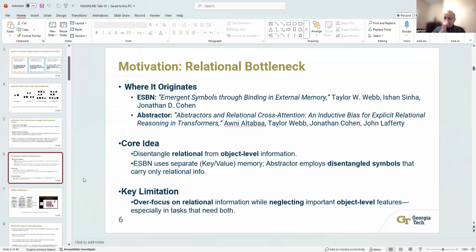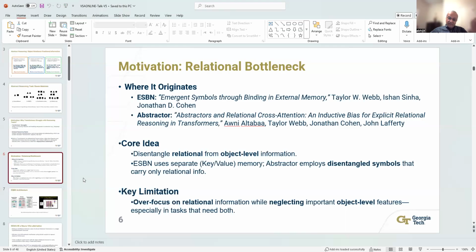Now, the initial architectures, including the abstractor, go to great lengths to enable this separation. But what we've discovered is if you completely separate these two, then that's not good either. It creates problems for certain classes of problems where you need both.